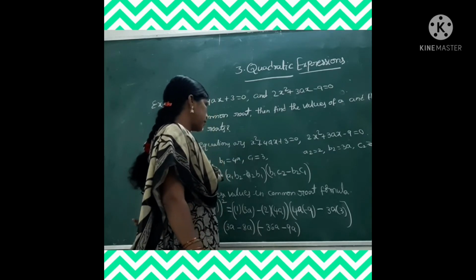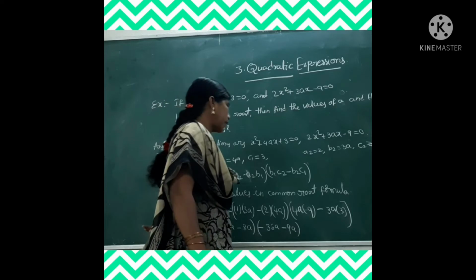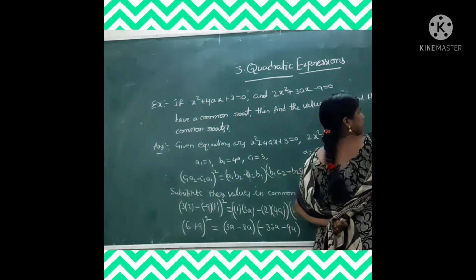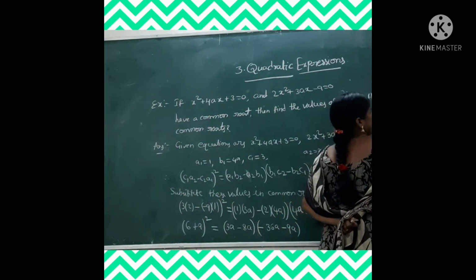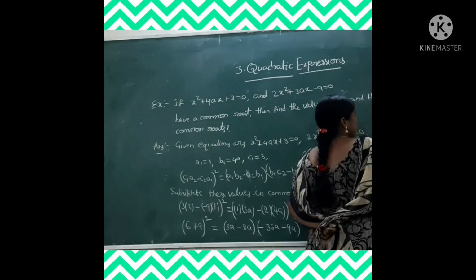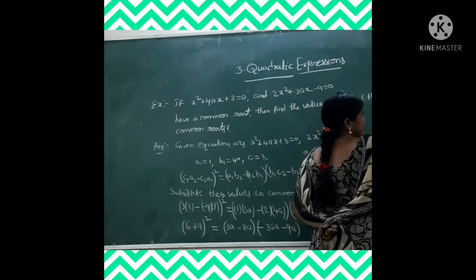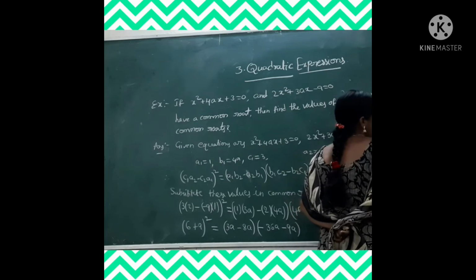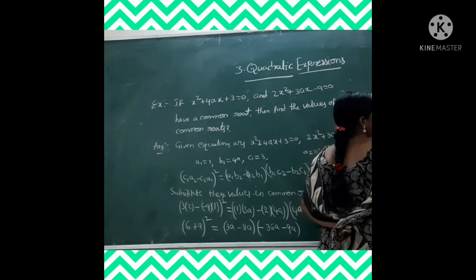Minus 36 minus 9 means minus 45. Yes. Okay. Now here 15 square is 225 and here again minus and minus plus, and 45 is again 225.